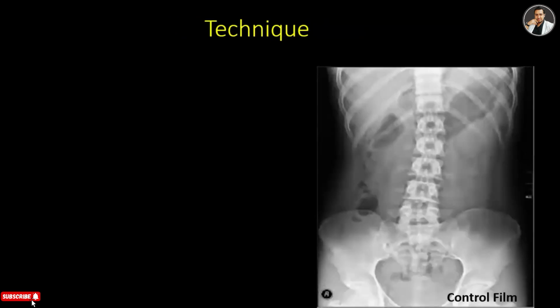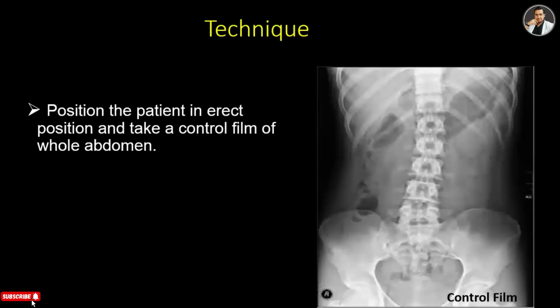And now the steps of the technique. At first you have to take a control film of the whole abdomen in erect position, and of course it's an AP view. The control film is important to show the condition of the abdomen preparation of the patient, that is, whether there is any gas, major gas obstruction in the intestine or any food substance.